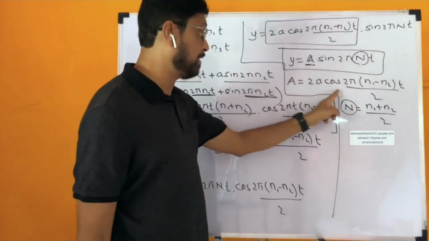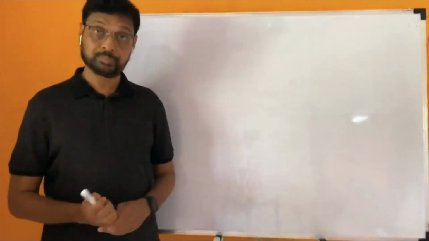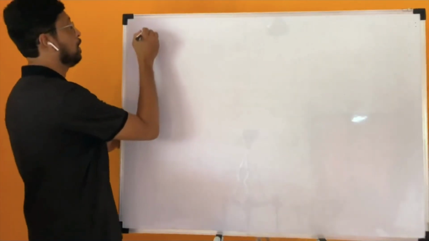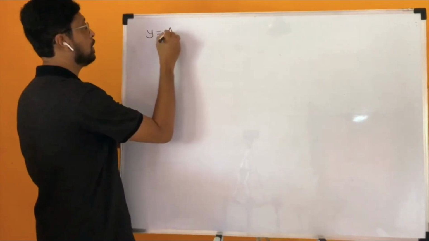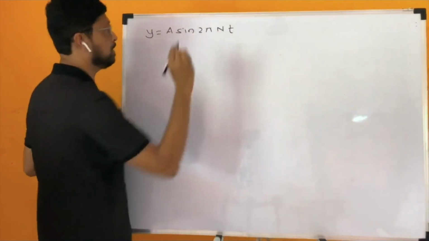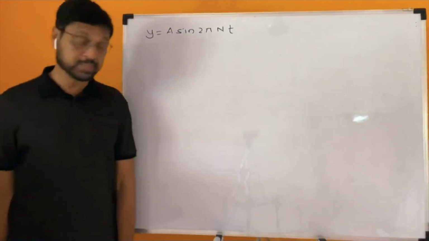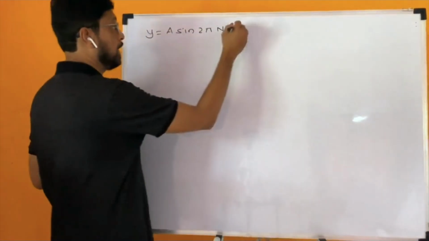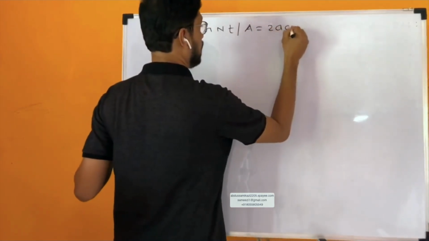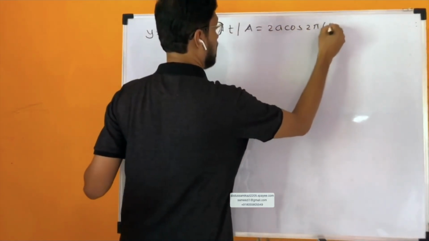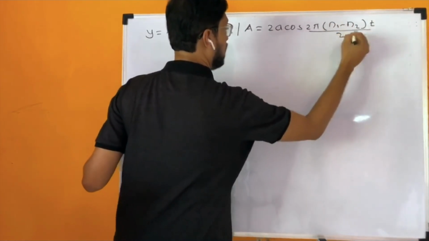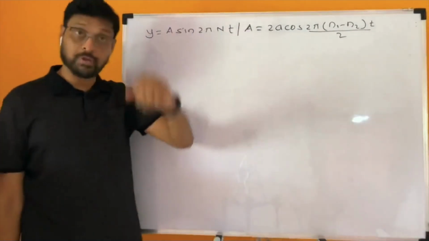Equation of beats is y equals A sin 2 pi Nt, whereas A is the amplitude, which is equal to 2a cos 2 pi (n1 minus n2) t by 2. This is the amplitude of the resultant.